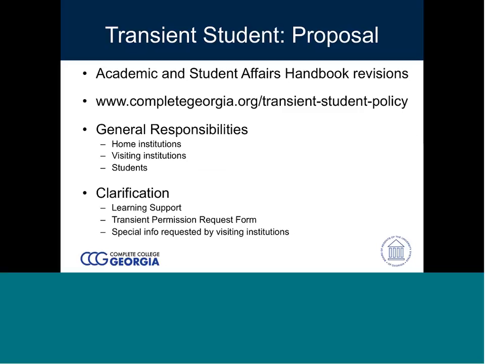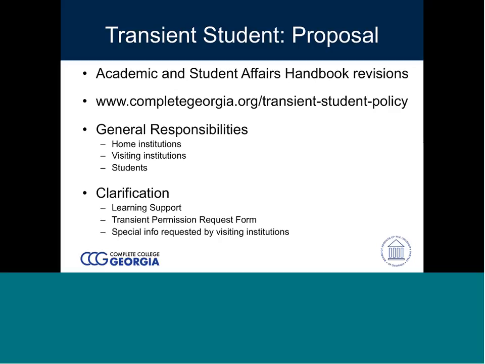So the group identified general responsibilities of the home institution, as well as the visiting institution and the students throughout the transient process. For the home institution, the responsibilities included confirming the transient student's academic standing.